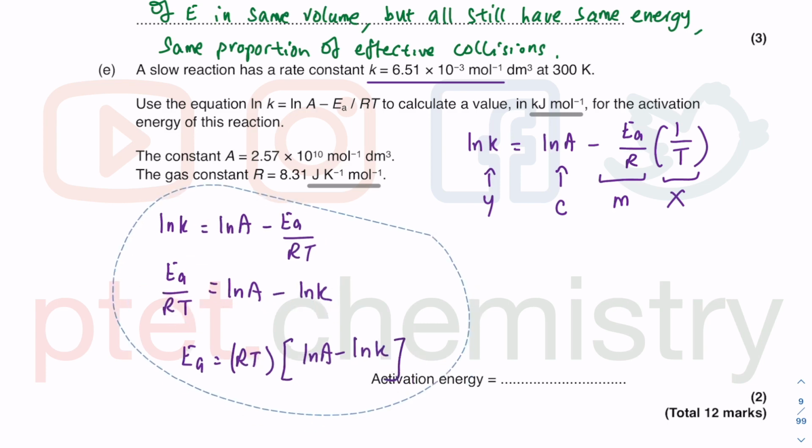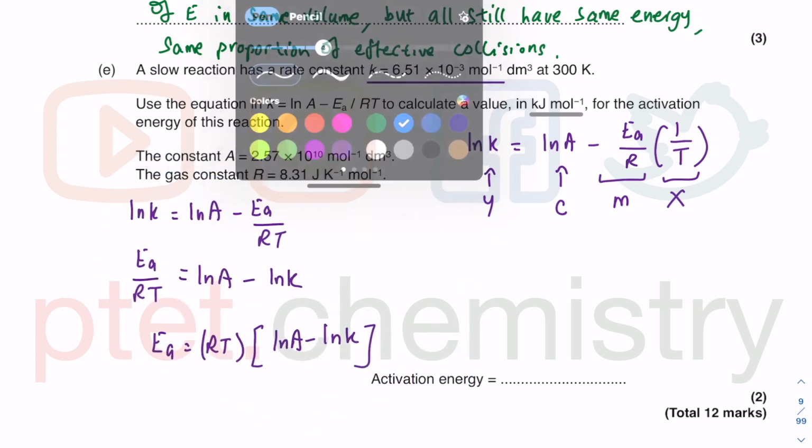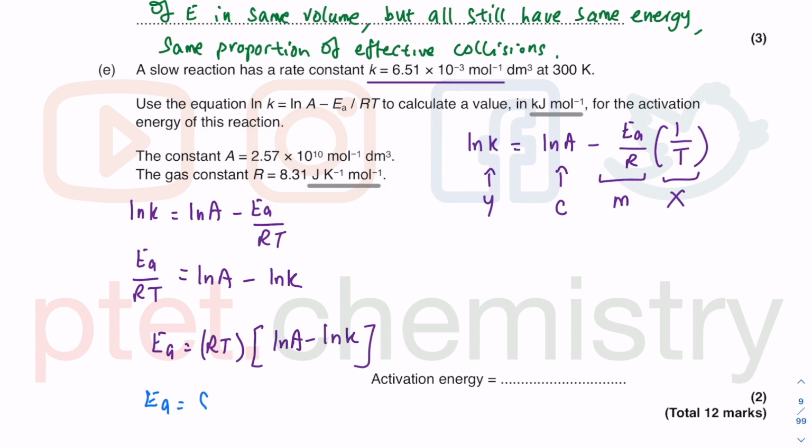So I've just rearranged everything and now I can just sub in everything. So there's 8.31 multiplied by the temperature, which is already in Kelvin since this one is per Kelvin. So I multiply by that. Remember that this is joule per Kelvin per mole, and multiply by Kelvin.